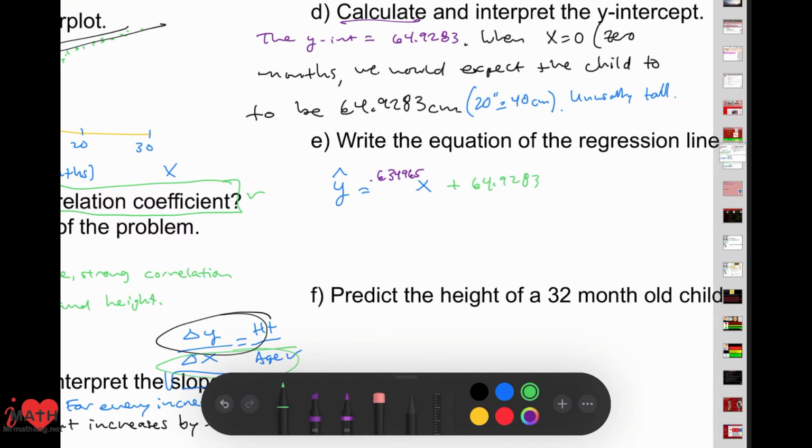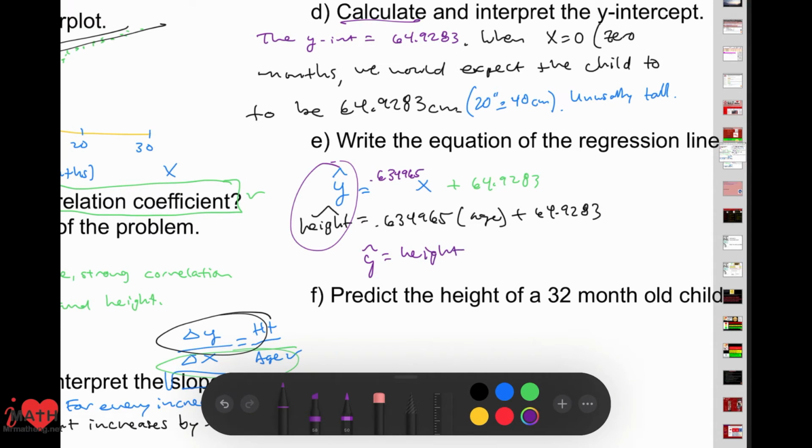I like to write it below. So the prediction of the height is a function of your age. So essentially what you have here is y hat is equal to their height, and x is equal to their age.